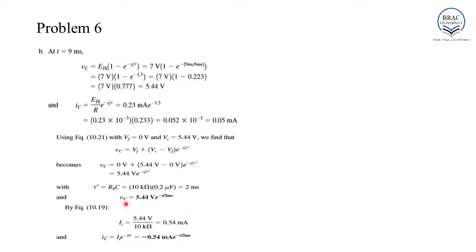Then we can easily determine the expression for VC as equal to 5.44 V e to the power minus t by 2 milliseconds. And the maximum value of the current during the discharging period is equal to 5.44 volts divided by 10 kilo ohm, which is 0.54 milliampere, and the value of IC will be equal to minus 0.54 milliampere e to the power minus t by 2 milliseconds.